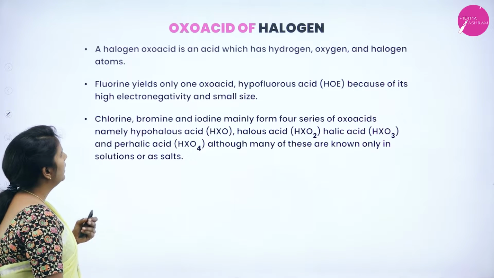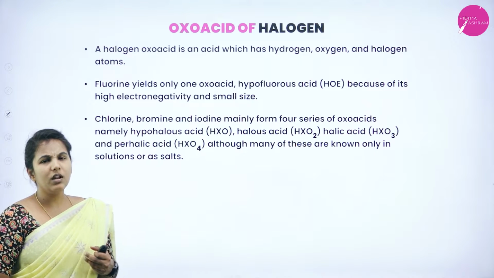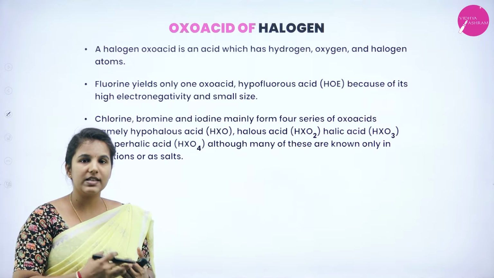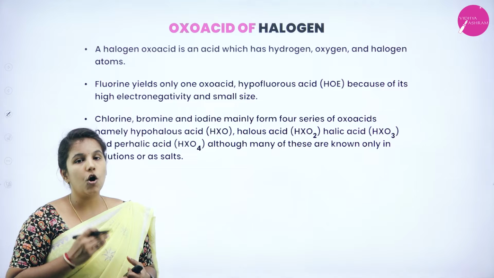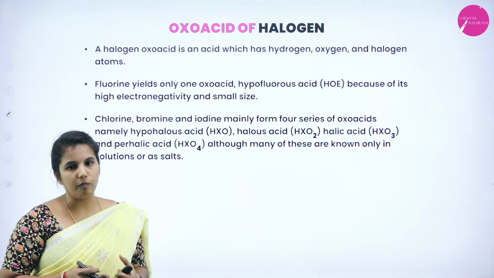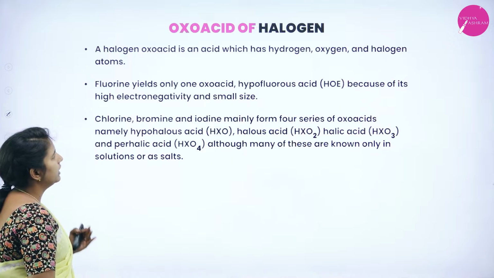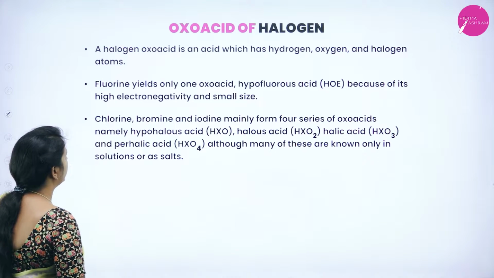Next is oxoacids of halogens. After understanding the halogens, the group 17 elements in the periodic table, we must understand the oxoacids formed by the halogens. A halogen oxoacid is an acid which has hydrogen and oxygen along with a halogen atom.